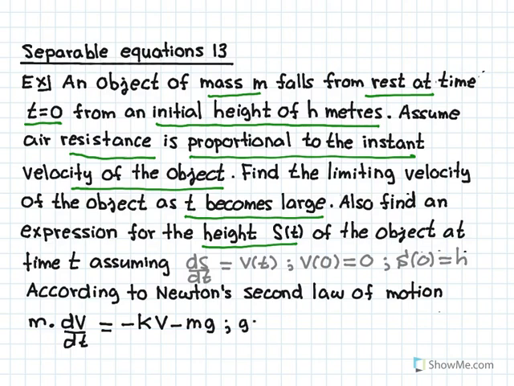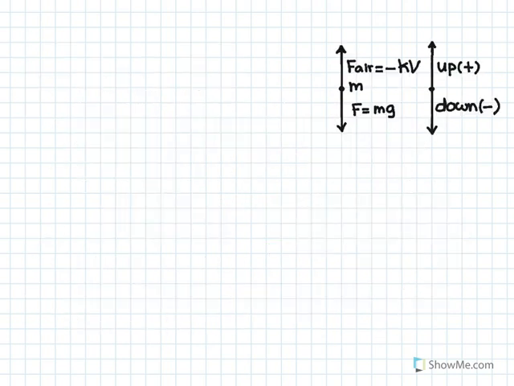And gravity, of course, is 9.8 meters per second squared. And k is a constant of proportionality. We take k to be positive. All right. So what we have is mass times dv/dt is equal to minus kv minus mg.